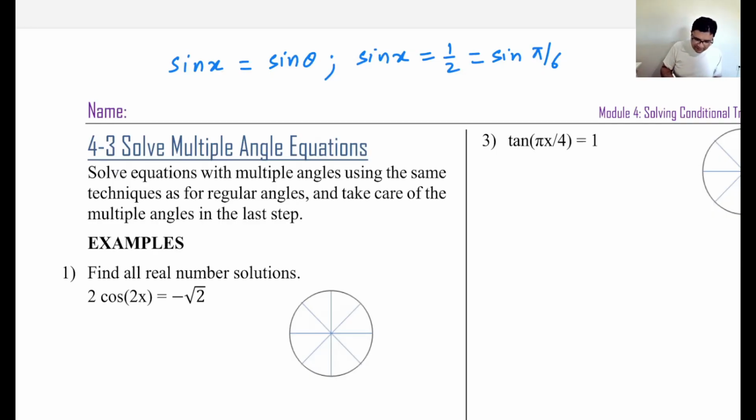So now with that understanding, if sine x is equal to sine theta, then the two basic solutions in the range 0 to 2 pi, if theta is the smallest positive value, are given by theta and pi minus theta.